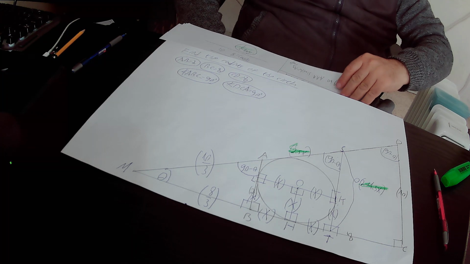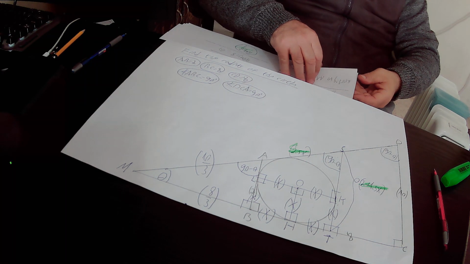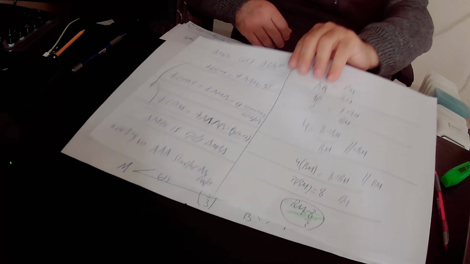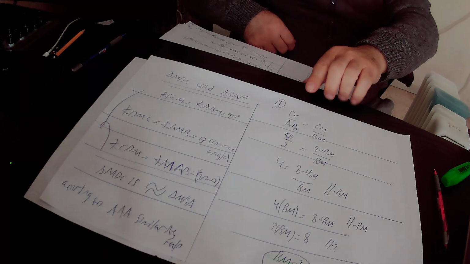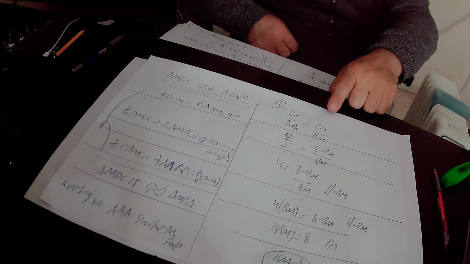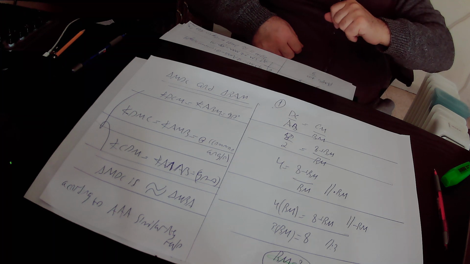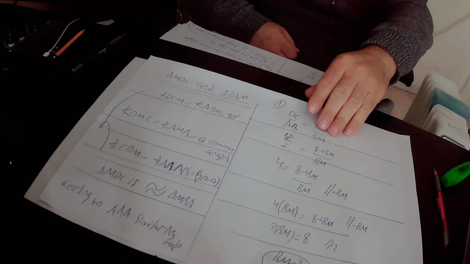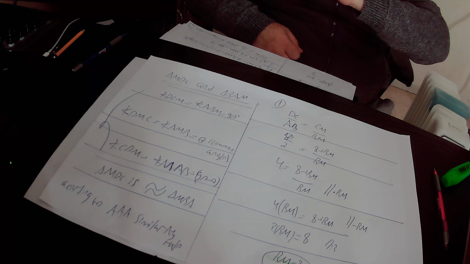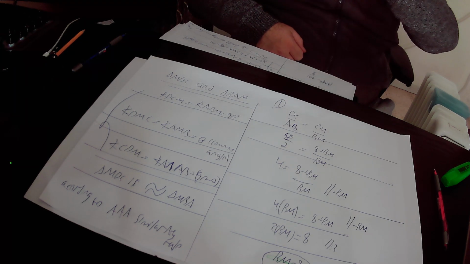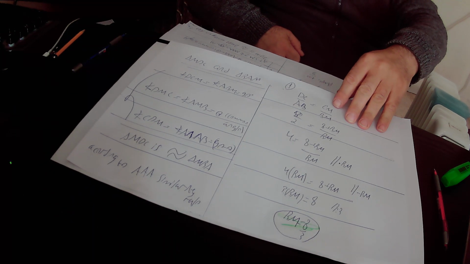Repeat again, DC over AB equals CM over BM. DC equals 8 units, AB equals 2, and it is equal to CM over BM.